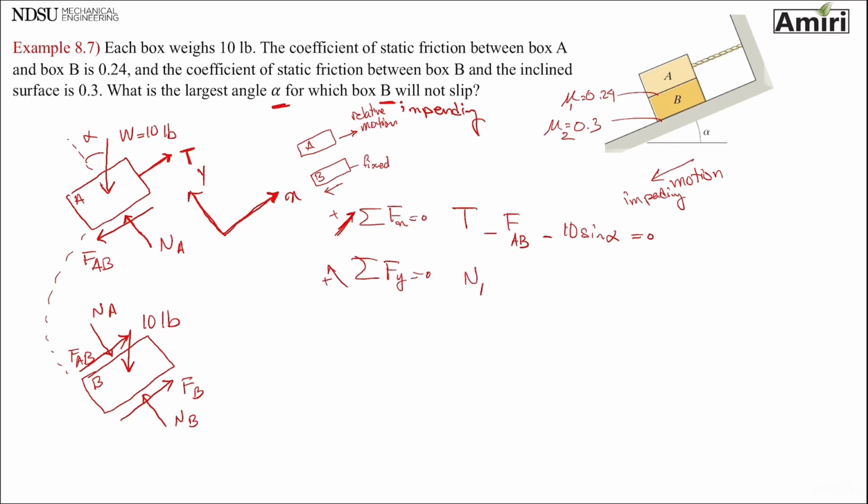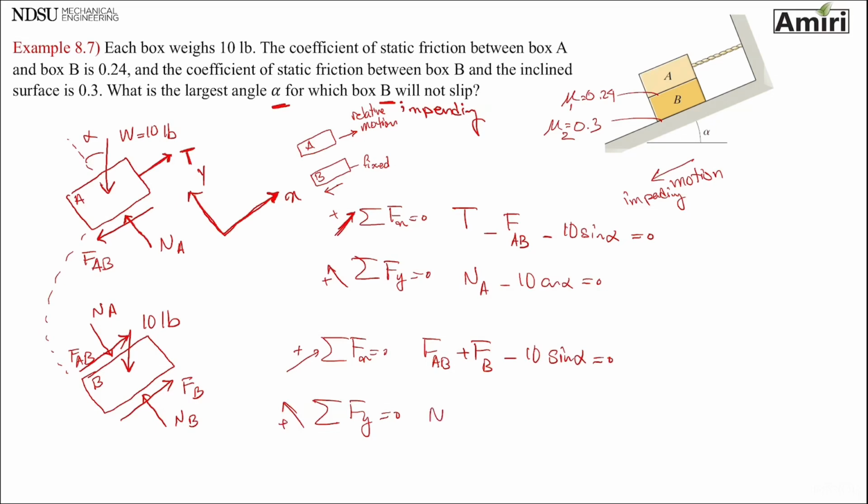I have NA minus 10 cosine alpha being 0. For B, same axis, summation of forces in x being 0, this way being positive: FAB plus FB minus 10 sine alpha being 0. Summation of forces in y being 0: NB minus NA minus 10 cosine alpha being 0.